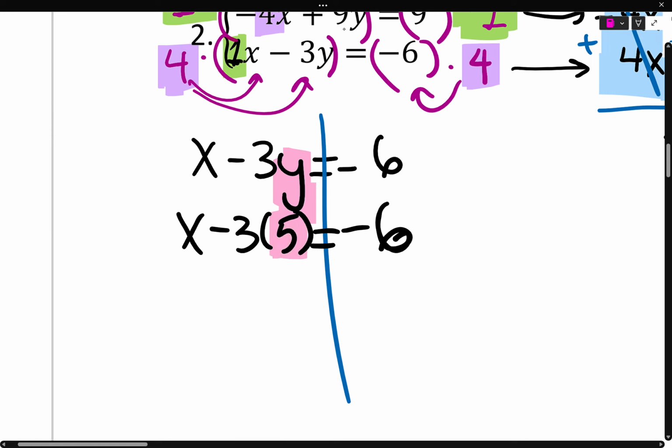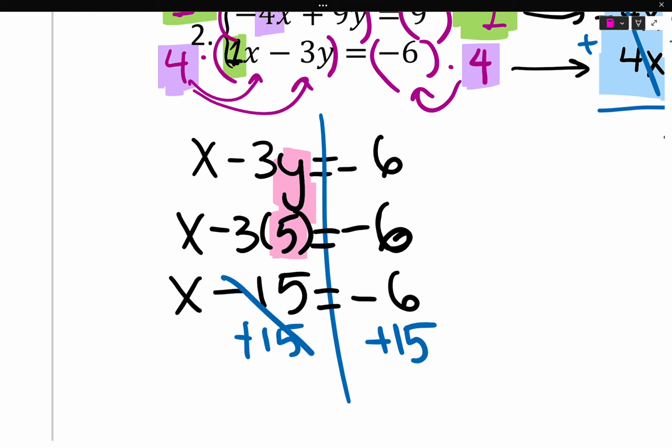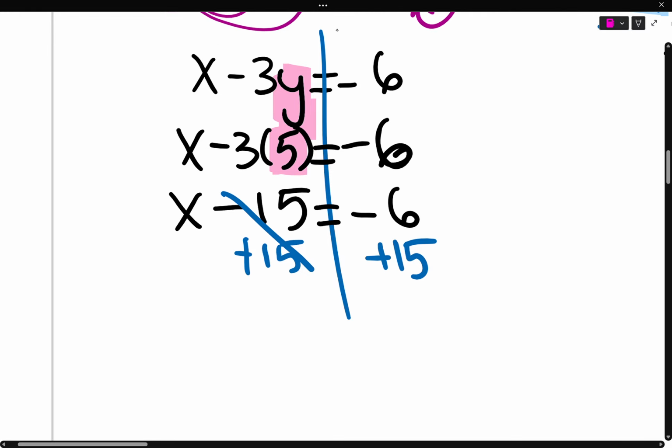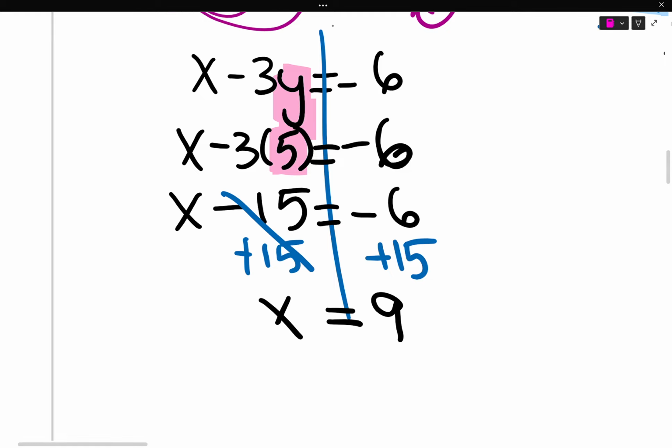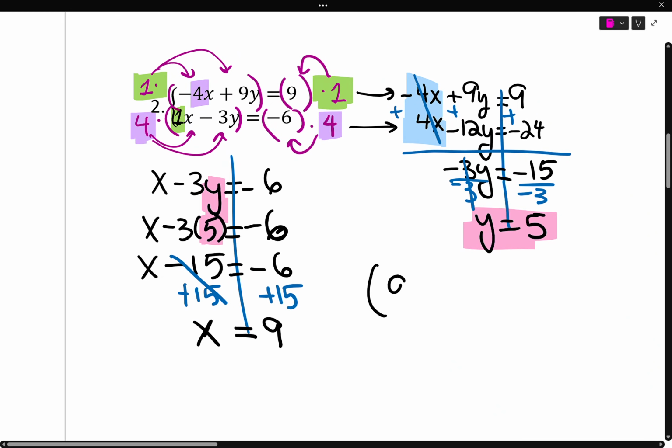Negative 3 times 5 is negative 15. Everything else stays the same. I'm going to add 15 to both sides of the equation. X equals 9. Beautiful. 9, 5 is our answer.